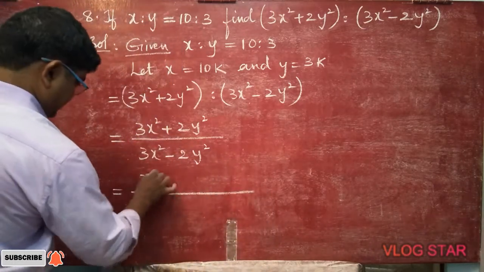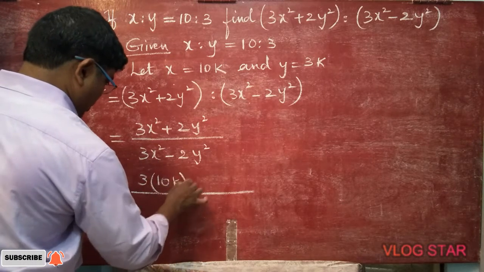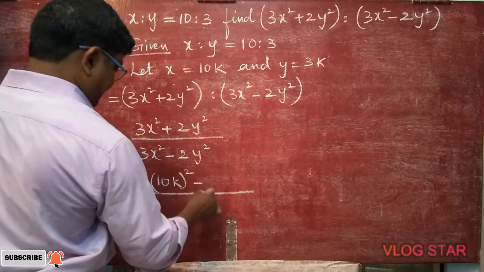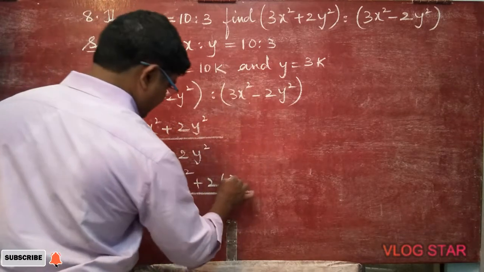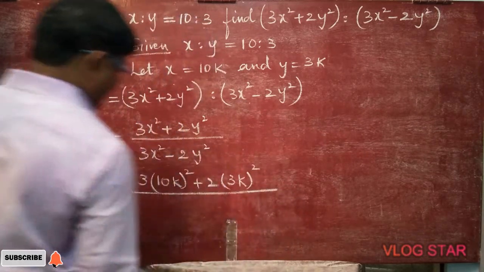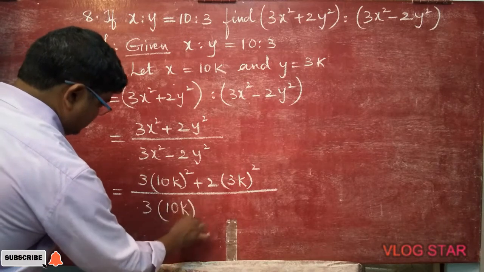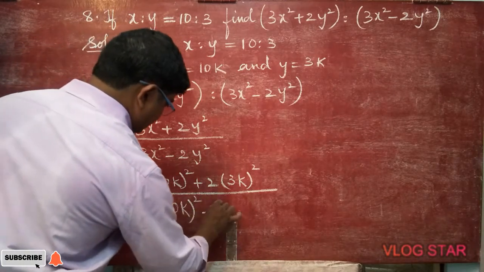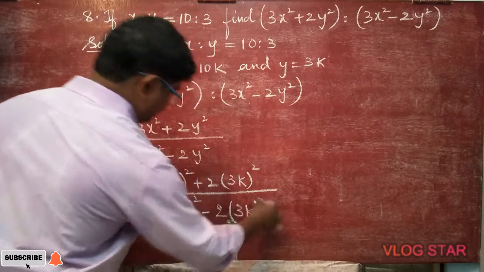3 into x means how much? 10k whole square, plus 2 into y value 3k whole square. Next, 3 into 10k whole square minus 2 into 3k whole square.